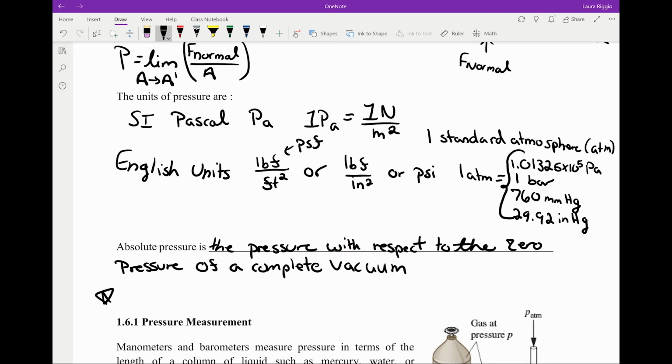So I want to note that absolute pressure has to be used in all thermodynamic relationships.